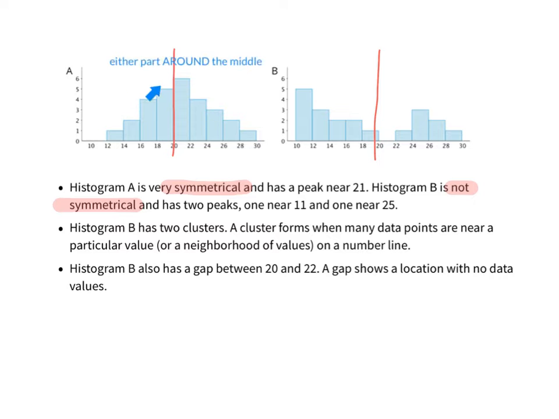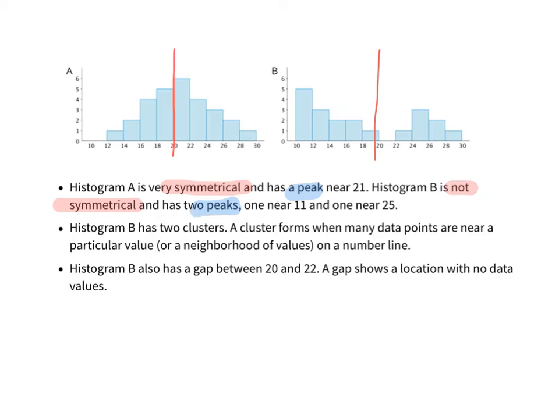Either side of the middle looks about the same. We're going to say this is symmetrical. The left-hand side and the right-hand side look the same. But histogram B, no. This left-hand side is going up, and this is going up and then down. These don't look the same. The left-hand side and the right-hand side don't match up. Not symmetrical.